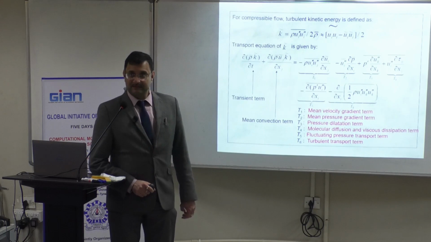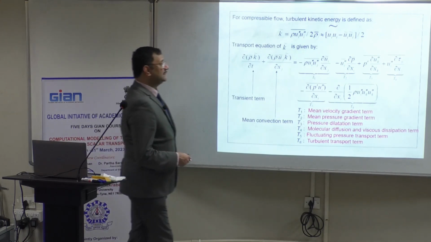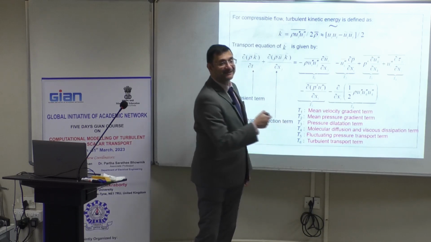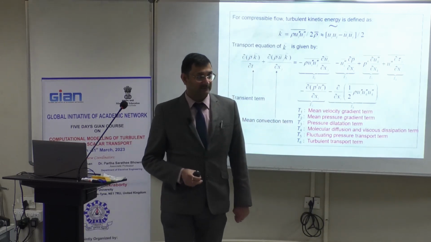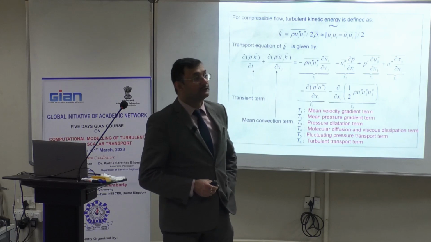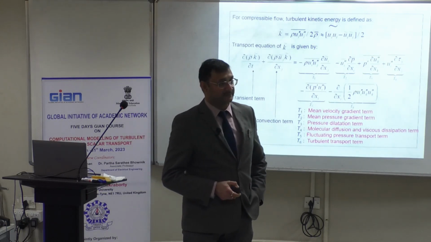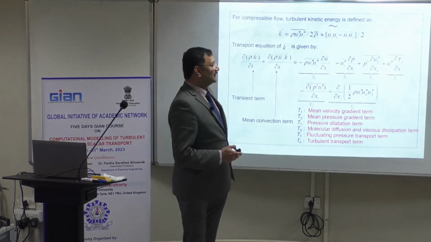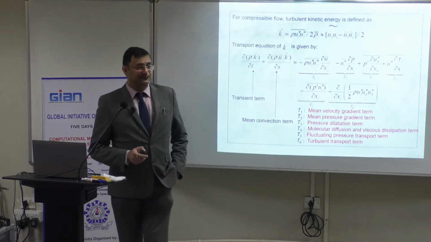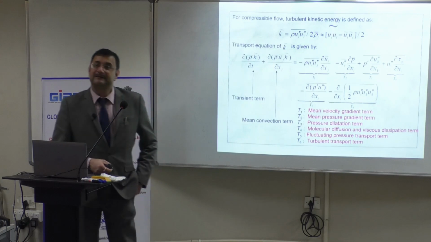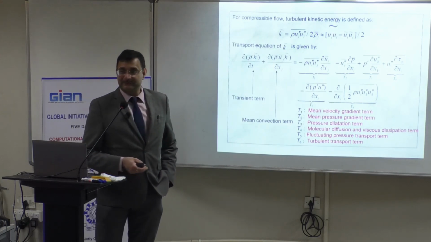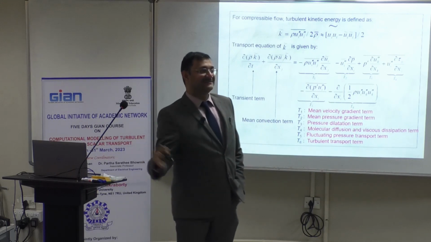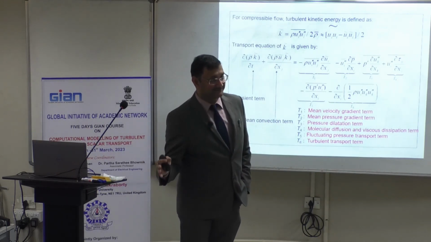Okay? So you can see immediately that at least these two terms are extra terms which are coming into the equation because of the compressible effects. And it is extremely important to know these things, because in commercial codes, very often the standard incompressible flow turbulent kinetic energy equation is coded.